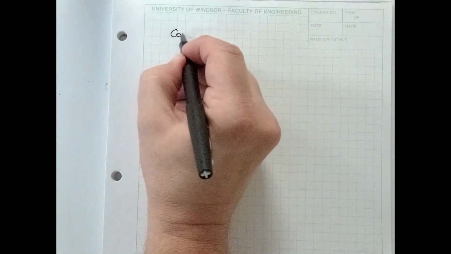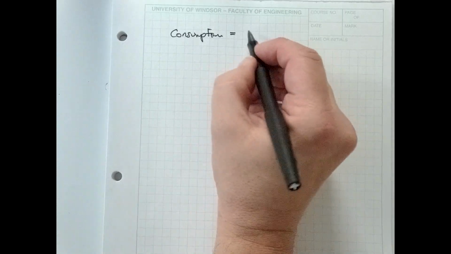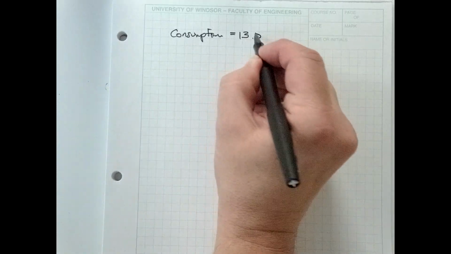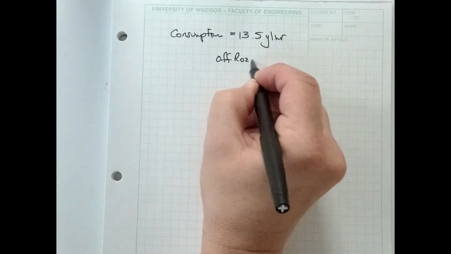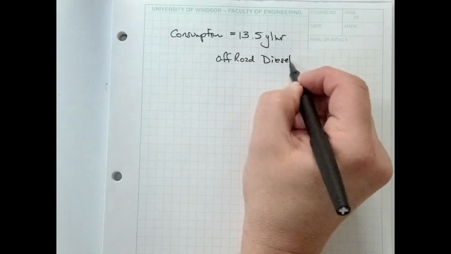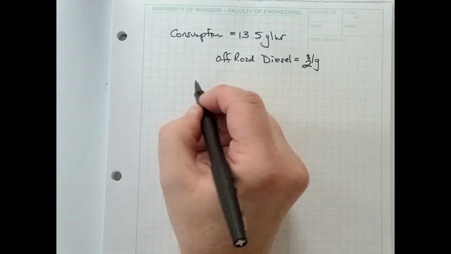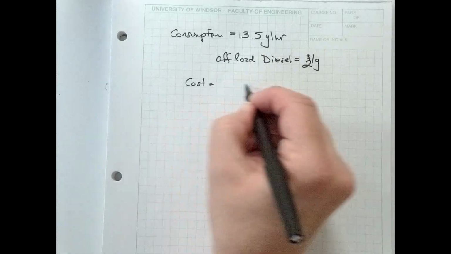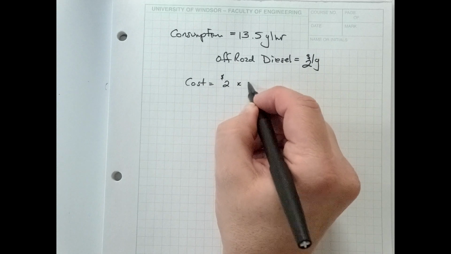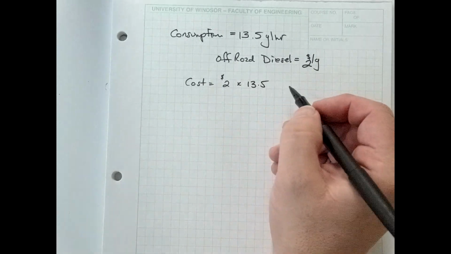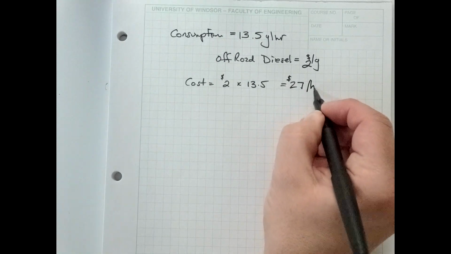If our consumption is equal to 13.5 gallons per hour, and if off-road diesel is equal to $2 a gallon, then our cost is equal to the cost per gallon multiplied by the hourly consumption in gallons per hour, and this gives me $27 per hour to operate.